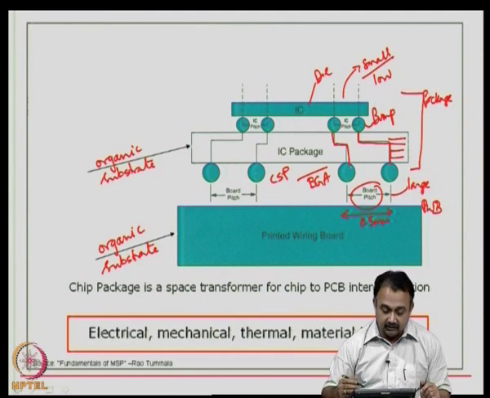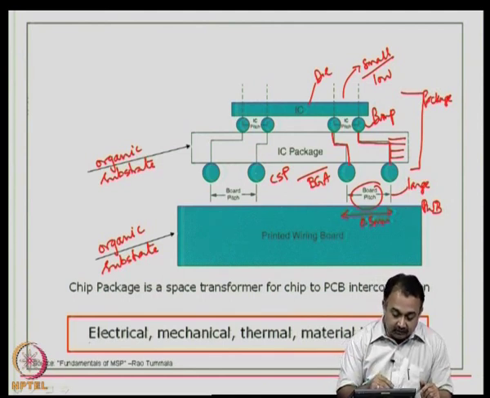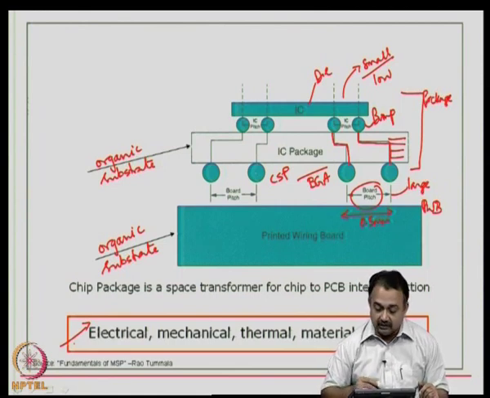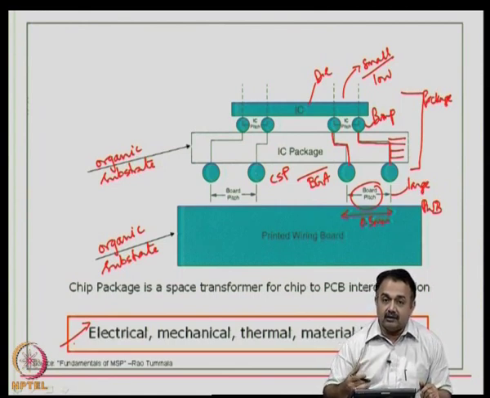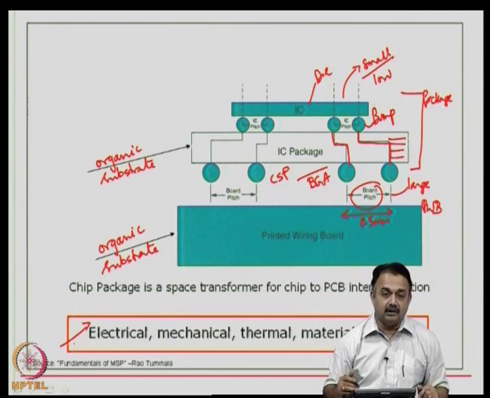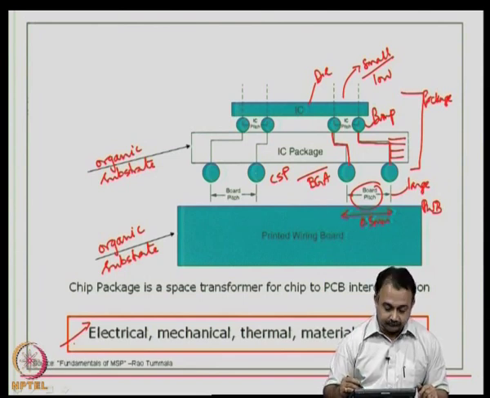We may not realize it. Firstly, when you power up the circuit, there are going to be a lot of electrical issues that come up, because we do not know the track width and length, we do not know the dielectric constant of the organic substrate that you are using, and we also do not know the environment in which the package is going to be mounted, and what the neighbors on the system level printed wiring board are which will interfere in the electrical performance of this particular die.